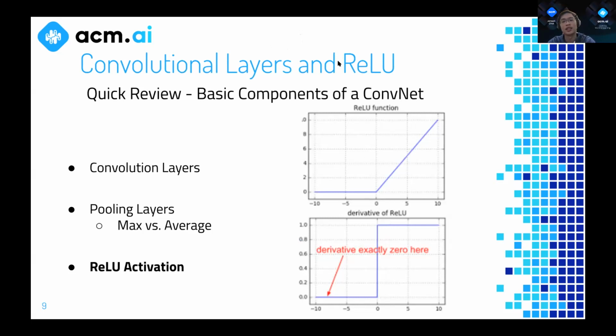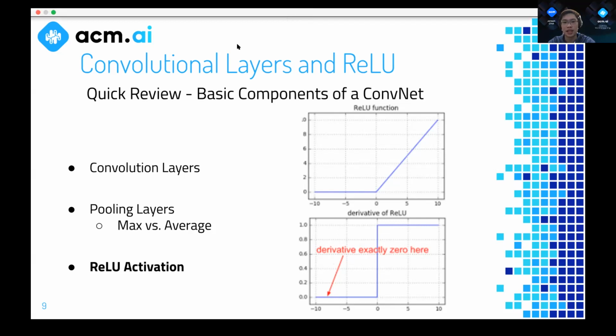I mentioned earlier how the gradient of ReLU is easy to calculate. So this is what I mean here. When ReLU is positive, the gradient or the derivative is just 1. And when it's negative, the gradient is just 0.